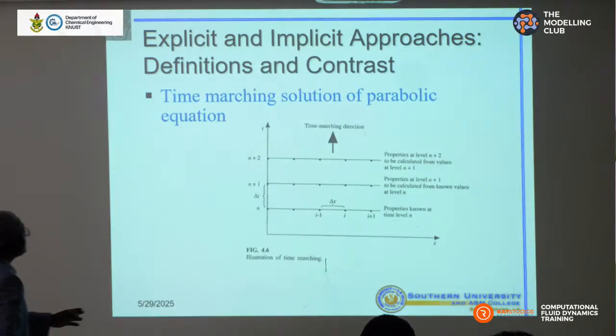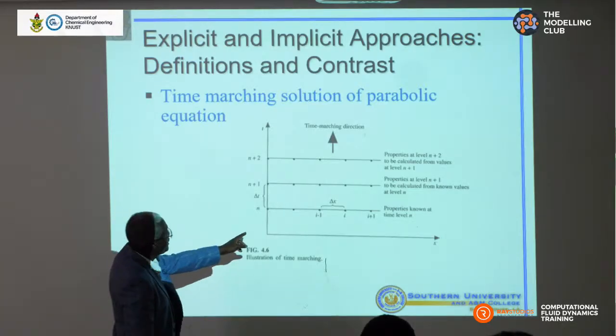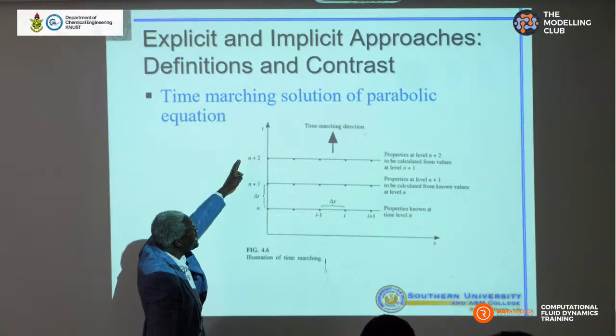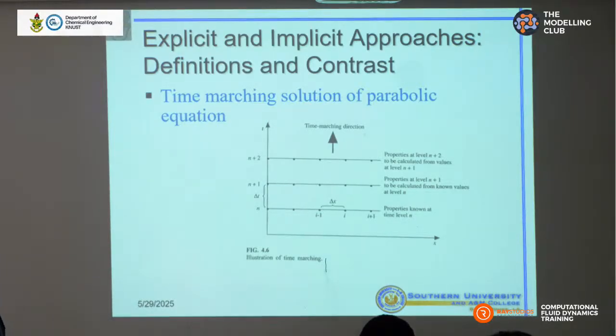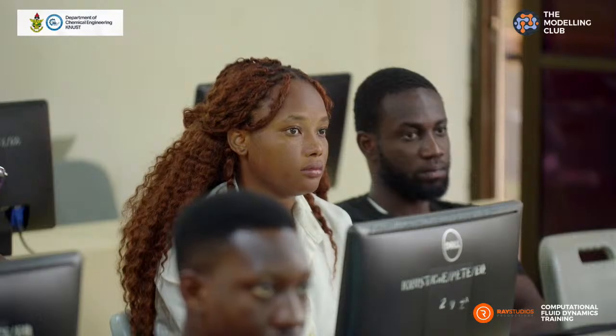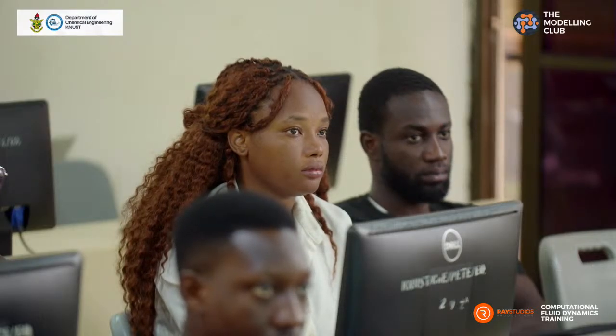Well, for the time derivative, you can basically march forward in time, that is using the explicit approach, or use the implicit approach. Marching forward in time basically says that I'm going to use the known properties at the time level n to find the properties at the time level n plus 1.